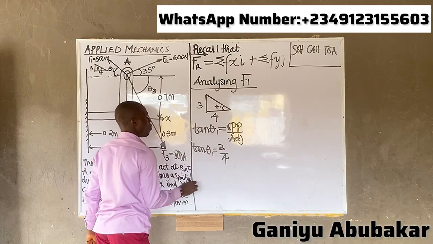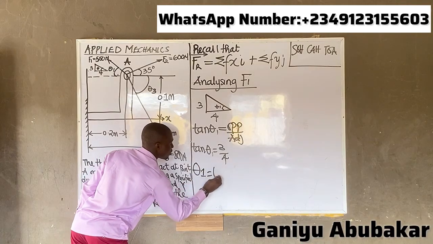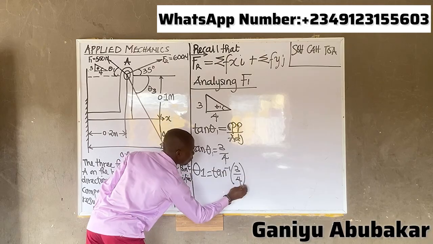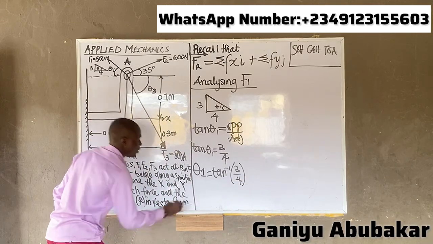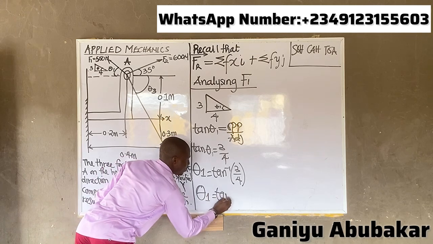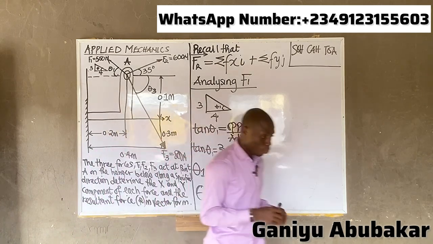Take theta 1, take tan inverse there. That gives you theta 1 will be equal to tan inverse of 3 over 4.